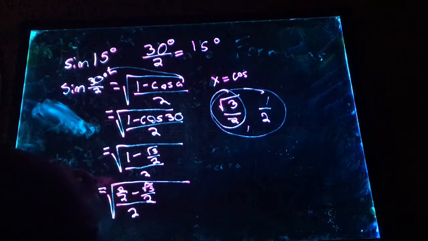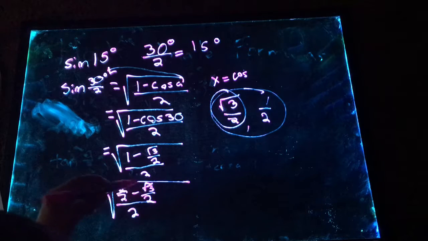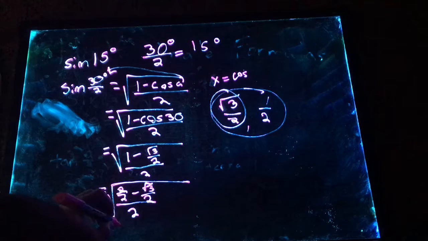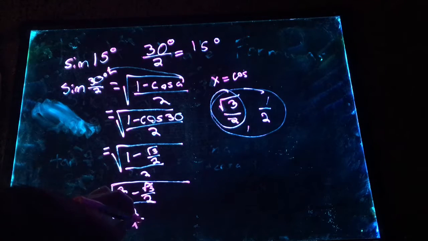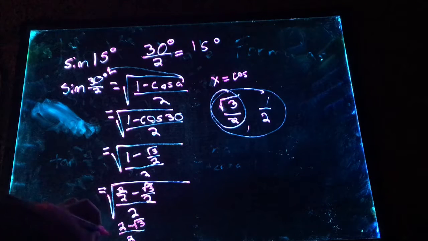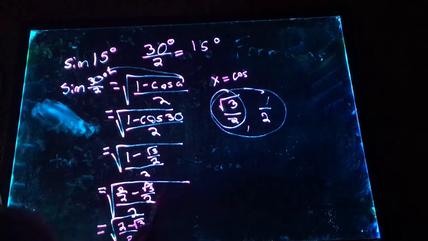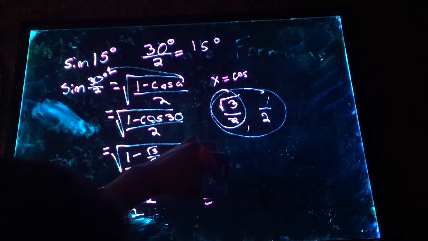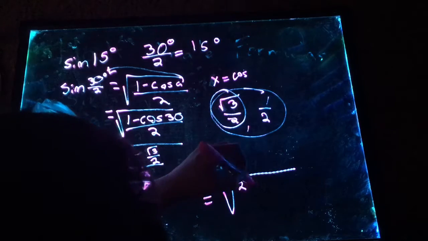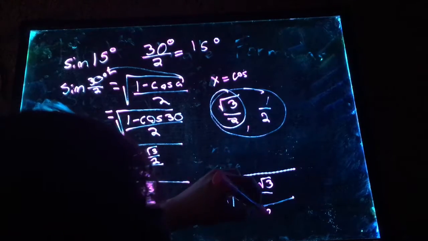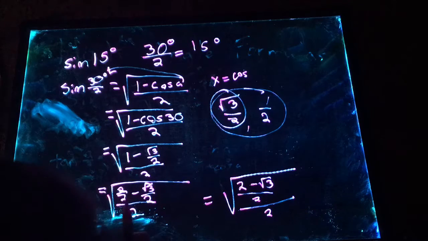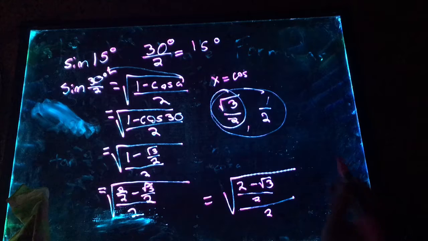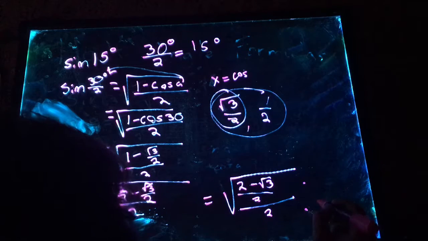And then from here we're going to subtract the top because we have common denominators now. So we're going to have 2 minus the square root of 3 over 2. And then from there, we're going to multiply both the top and the bottom by 2.